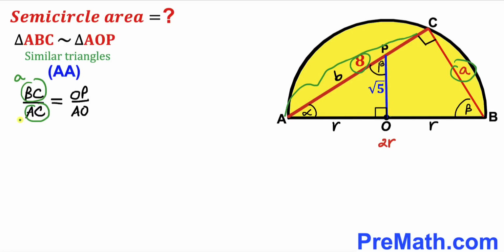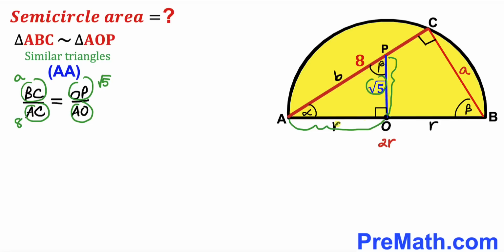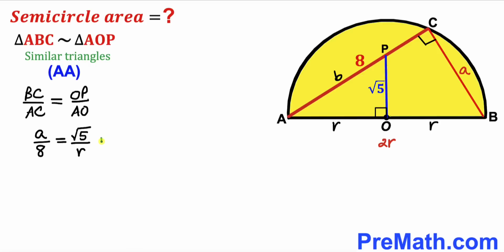So I'm going to replace it by 8. And now we can see our OP length, this perpendicular, is square root of 5. So I'm going to replace this one by square root of 5. And finally, AO is the radius of this semicircle, which is lowercase r. So I'm going to replace this one by lowercase r, as you can see in this next step.